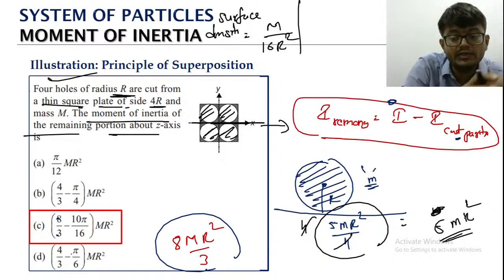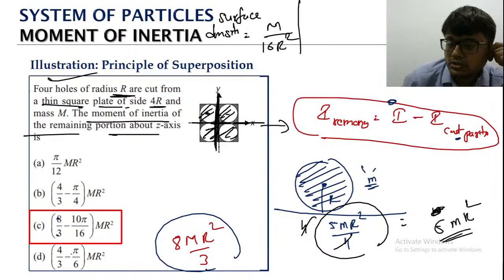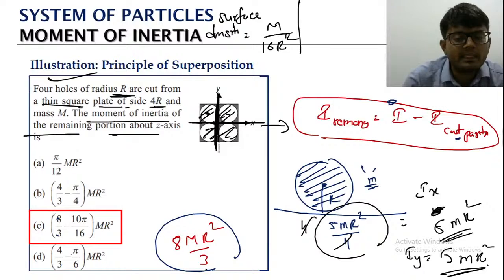With respect to the y-axis, the 4 circular holes or removed discs are also identical. So if you call this Ix, that is 5 mr square, and Iy is also the same, 5 mr square.